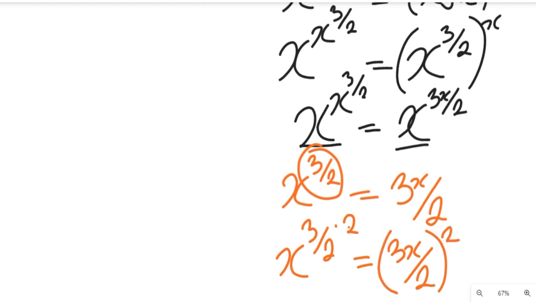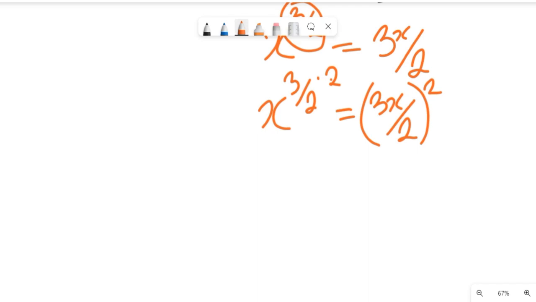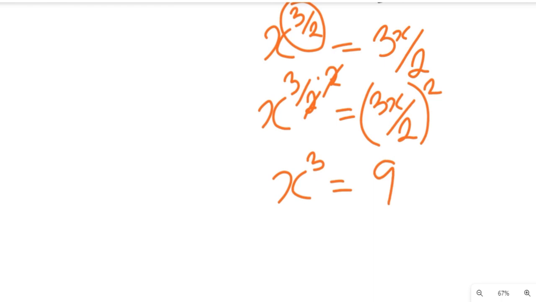So if we simplify that further, 2 clearing 2, we'll have x to the power of 3 equal to 9x squared divided by 4.